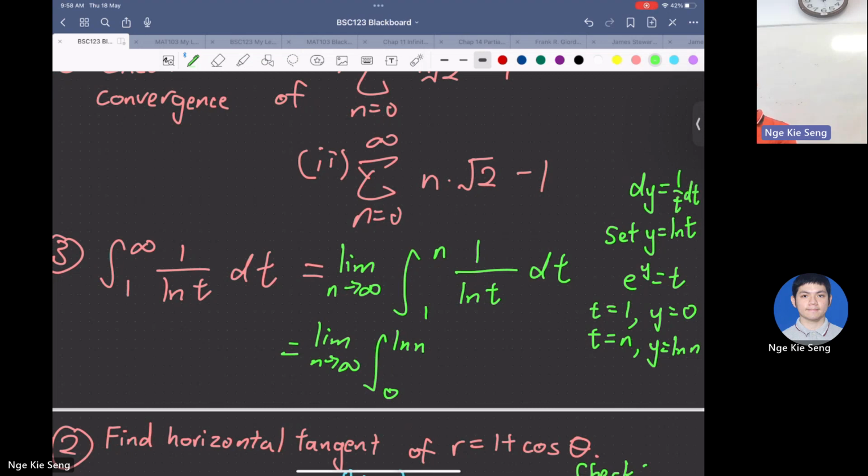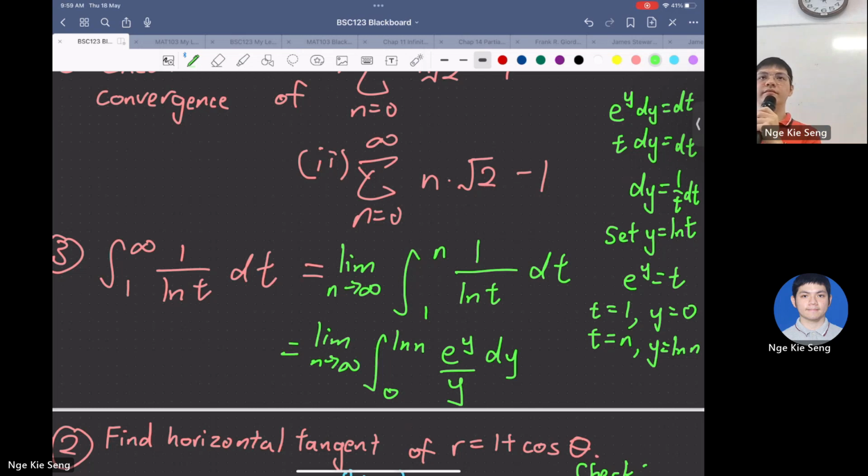In this case, dt is equal to t times dy, and t is also e to the power y, dy. So altogether we have dy over y, right?